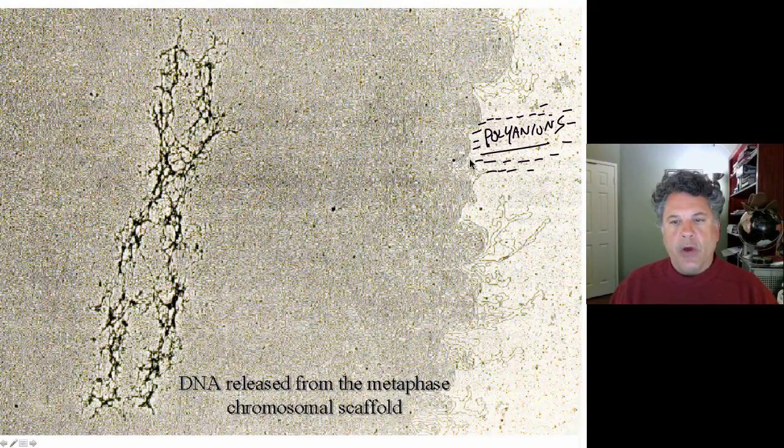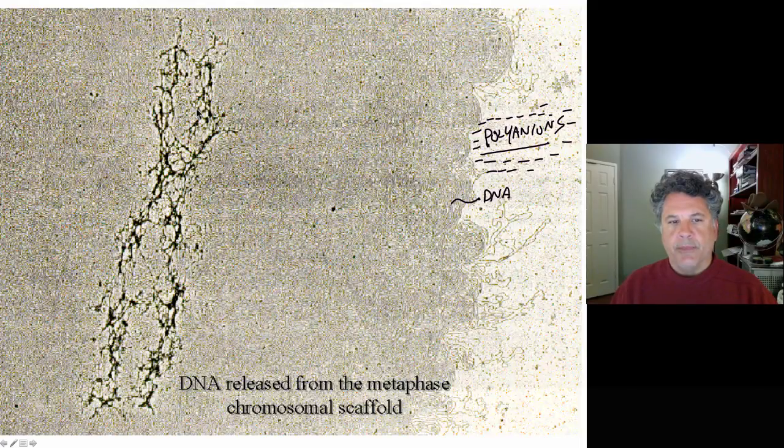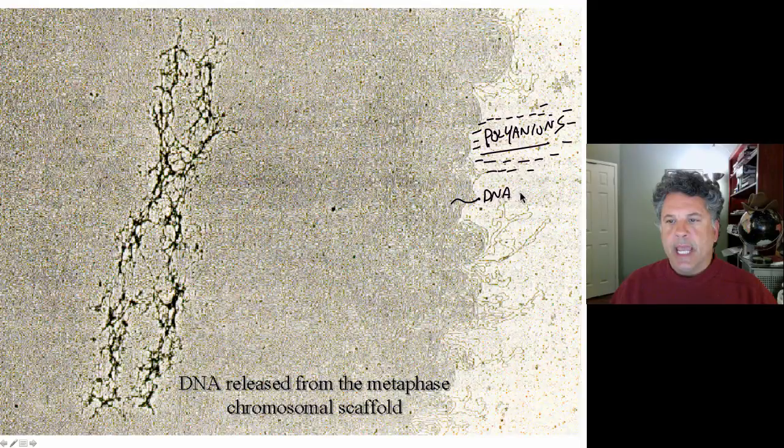So they're highly negatively charged. Now, you already know that DNA, which you see spewed out from these scaffolds, the scaffold of these metaphase chromosomes, DNA is negatively charged because of the phosphate groups in the sugar phosphate backbones. They are negatively charged. So DNA is negatively charged. And what happens is that here the scaffolding proteins, so we'll call this the scaffold.